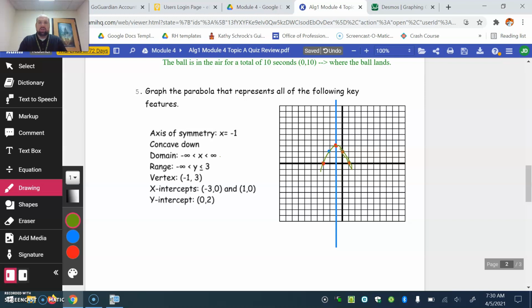Again, because it says the domain is from -infinity is less than x, which is less than +infinity, I must have arrows on the end. If you don't, you're going to lose points. But it is really that simple.